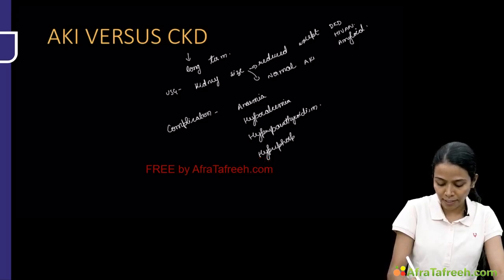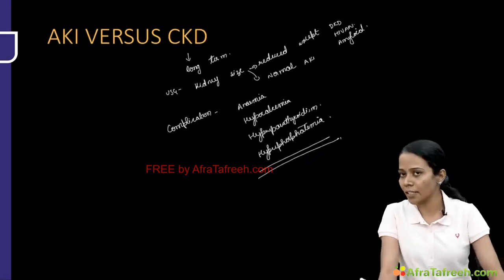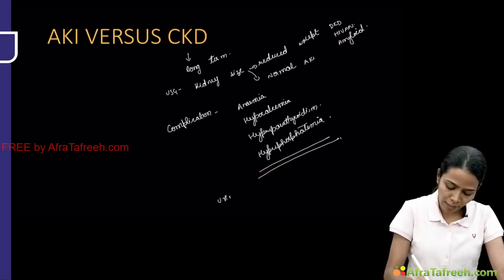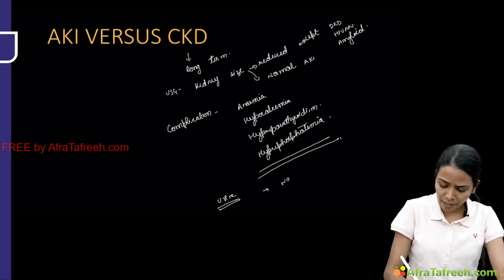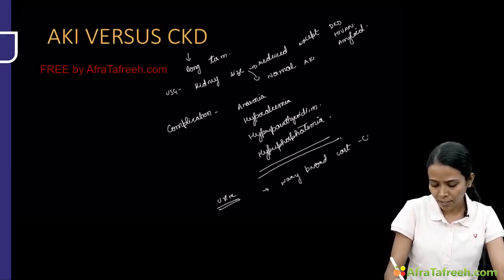Okay, so all these conditions, when present along with the patient's other features, will suggest history of CKD rather than AKI. Then of course when you do urine analysis, you'll find a variety of sediments in AKI, but waxy broad cast is seen in CKD.